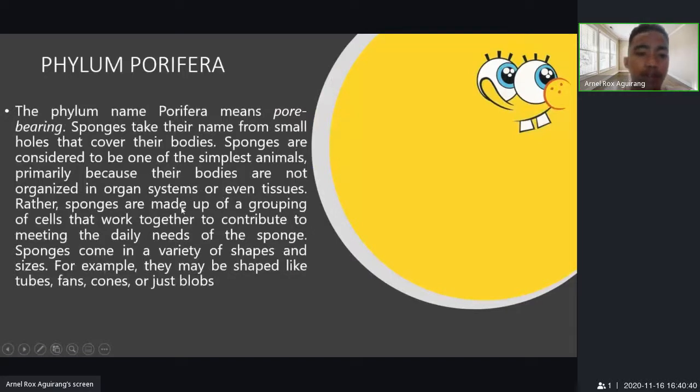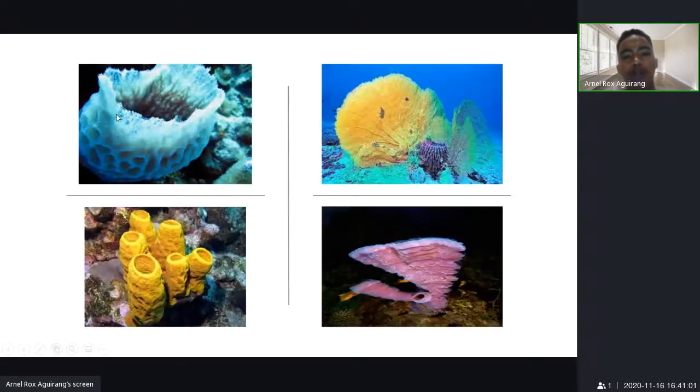Rather, sponges are made up of groupings of cells that work together to meet the daily needs of the sponge. Sponges come in a variety of shapes and sizes. For example, they may be shaped like tubes, fans, cones, or just simply blobs. In the upper left of your screen, you can see an example of a blob sponge.